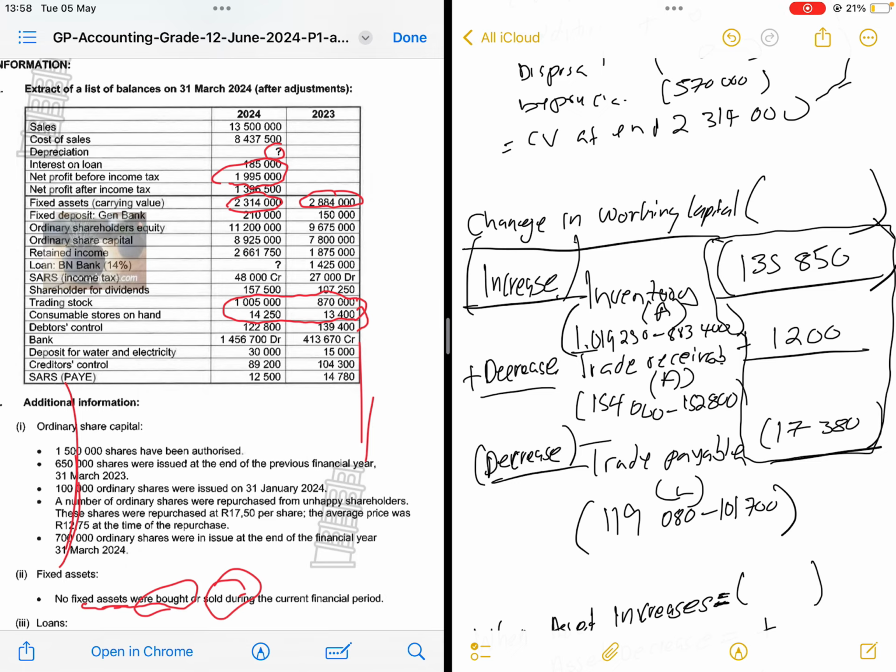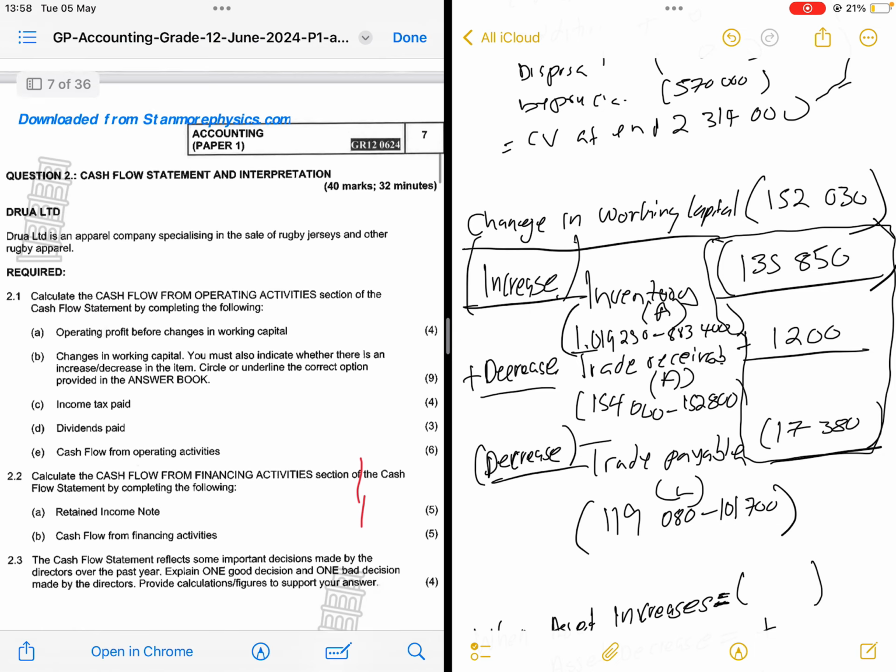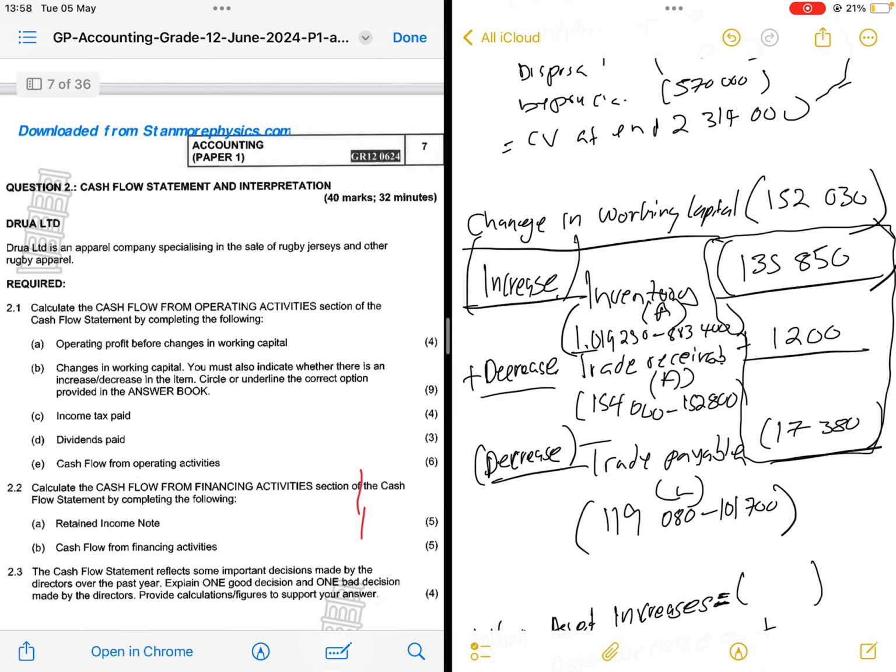So when I take the sum of the negative, 135,850 add 17,380, I get 153,230 as the sum of the negative. I take the difference between the sum of the negative and the sum of the positive. So I minus 1,200, so it means it will be 152,030. That is 9 marks.